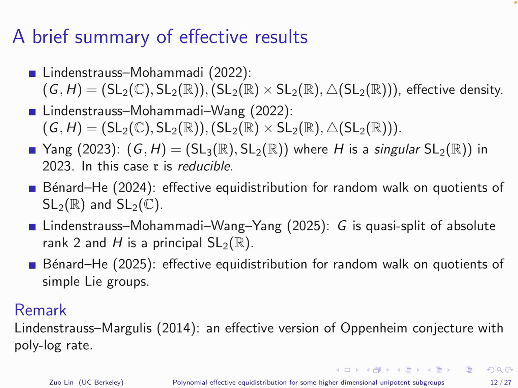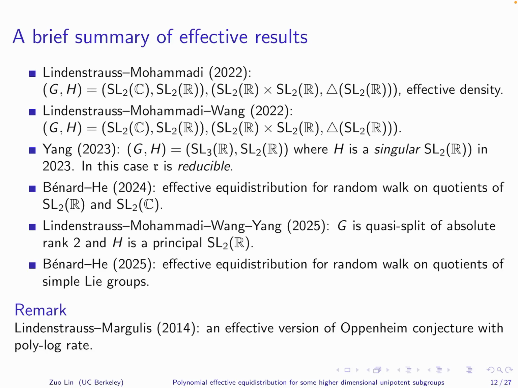And I should also mention a closely related setting where people focus on random walks on homogeneous spaces. In 2024, Bénard He proved an effective equidistribution result for random walks on quotients of SL2R and SL2C. And later this year, Lindenstrauss, Mohammadi, Wang, and Yang proved the case where G is quasi-split of absolute rank 2 and H is a principal SL2R.